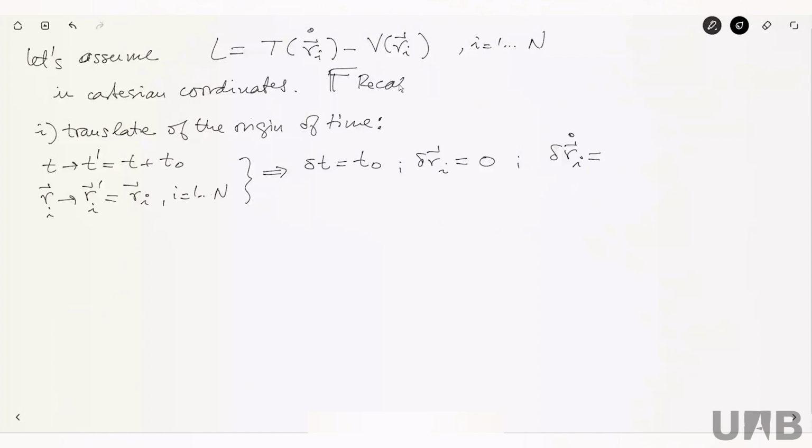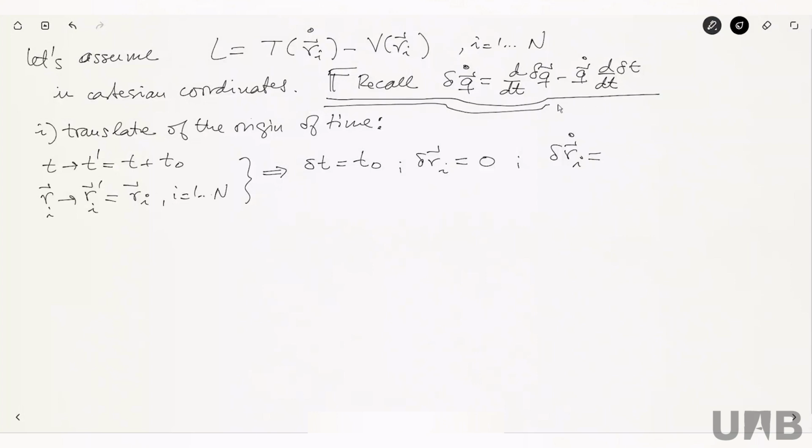The variation of q dot equals d dt of the variation of q, minus q dot times the derivative with respect to time of the variation of t. We obtained this result when we derived the symmetry conditions, the symmetry test.